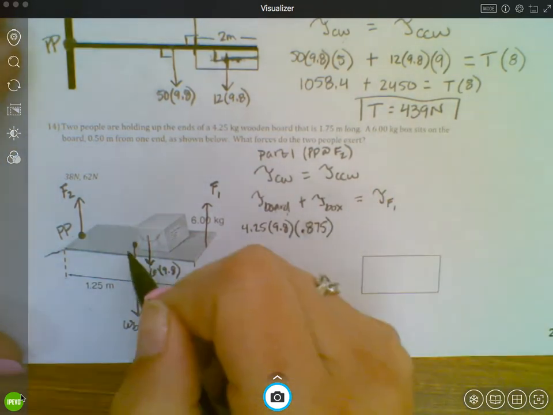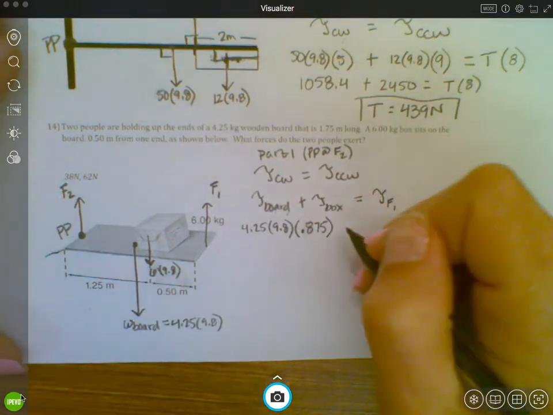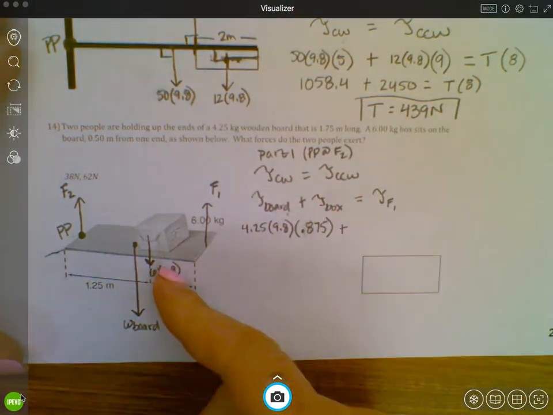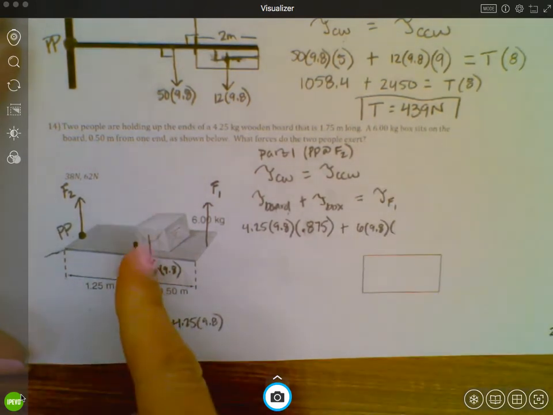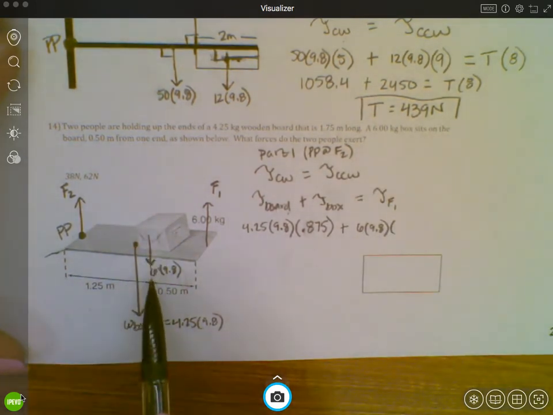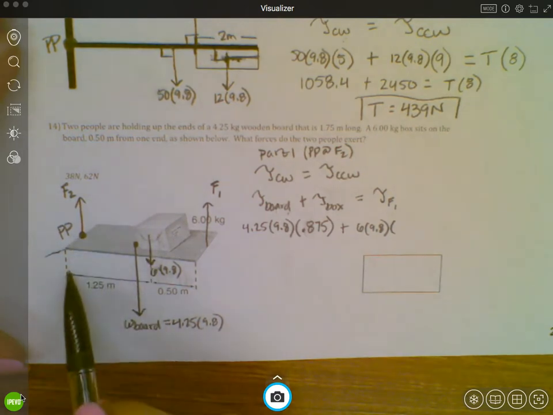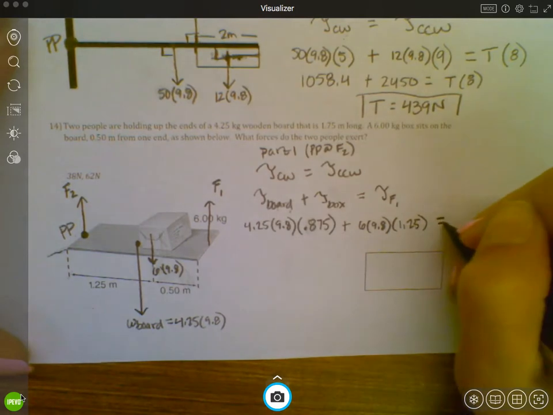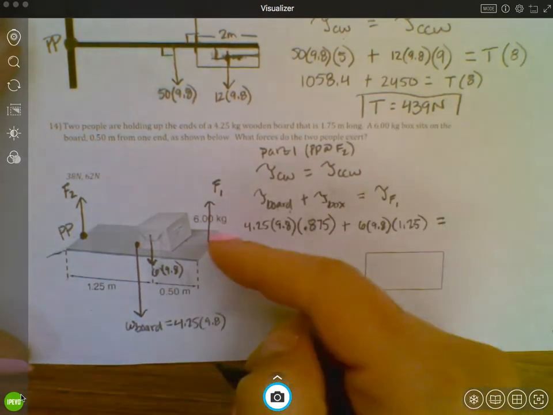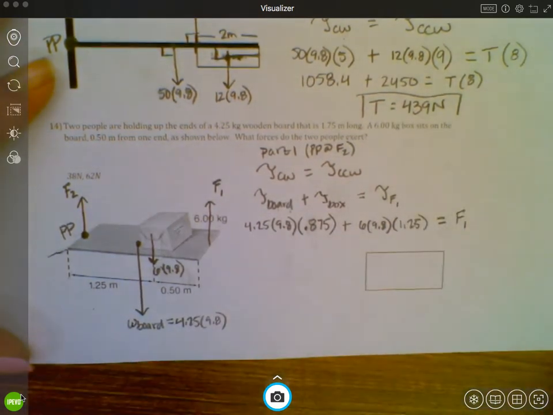Okay, sine 90, they're all 90 degrees, plus the weight of the box times R of the box, so be careful, the distance from this force to the pivot is 1.25, equals the torque of force 1.